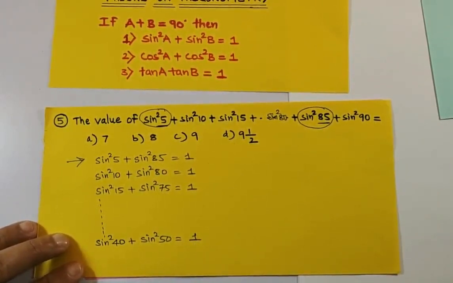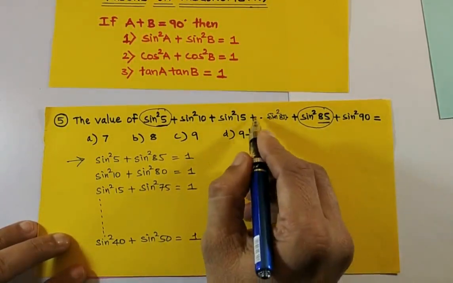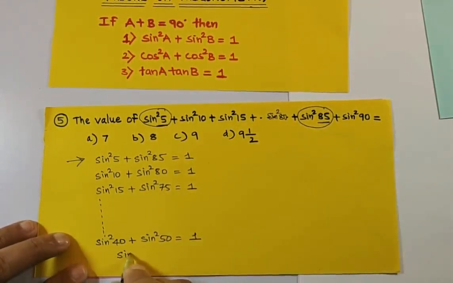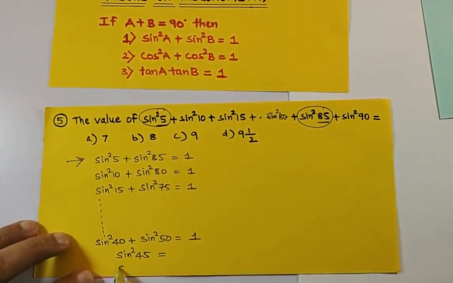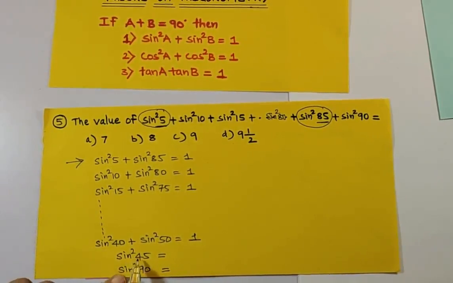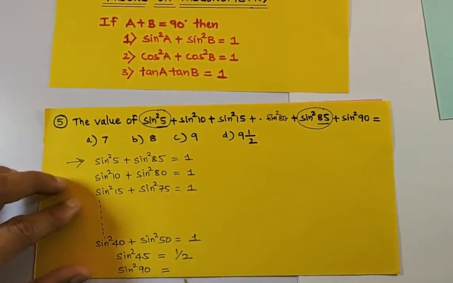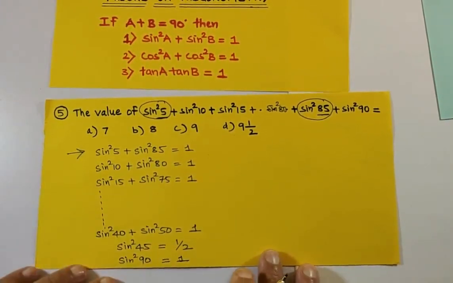Now just two other terms remain: at the center you are having 45, so sin square 45, and the last term is sin square 90. Sin 45 is 1 by root 2, so sin square 45 will be 1 by 2, and sin square 90 is 1.